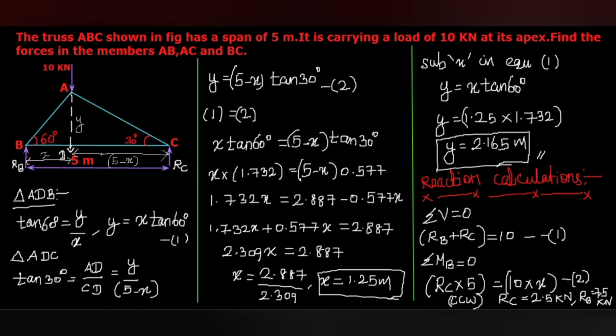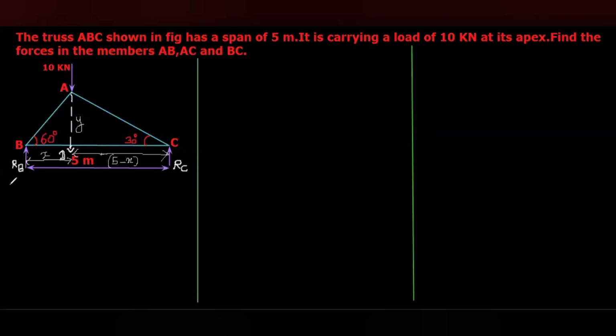Now we are going to do the method of joints first, then method of sections. So first, method of joints. We are going to analyze by using the method of joints.